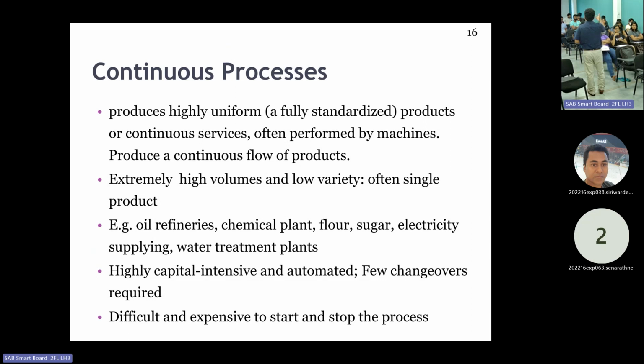Byproducts in the sense that it is the nature of the production process, from diesel to petrol to gas to other things. Oil refineries produce different output in the process.